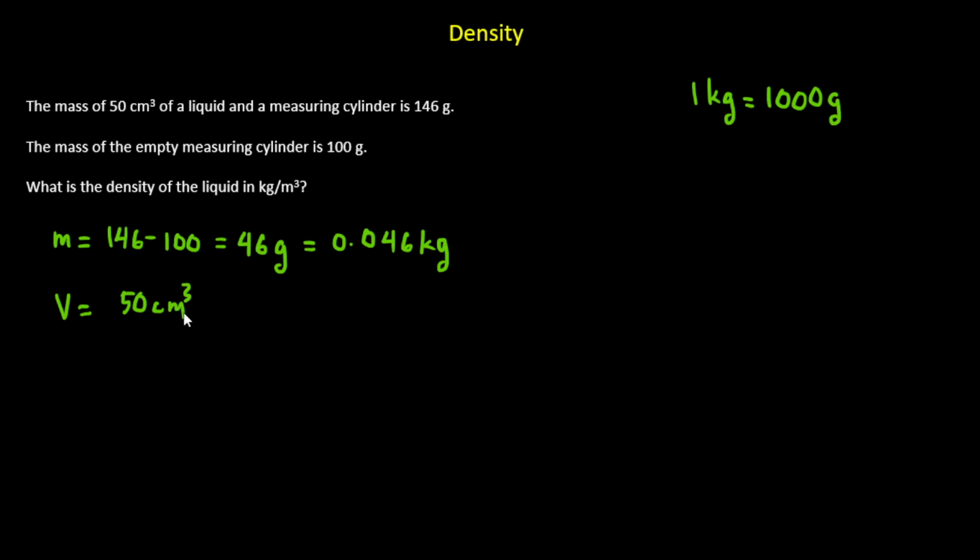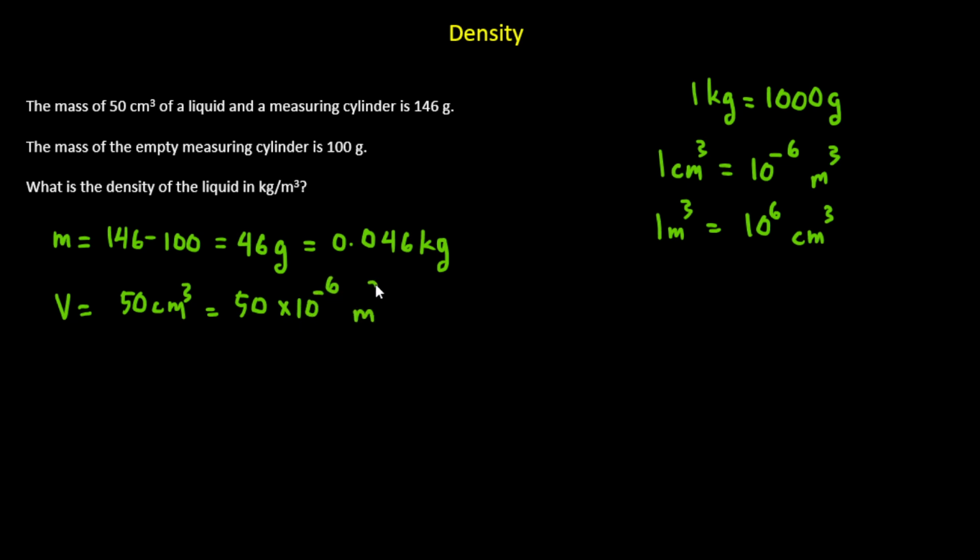And 50 centimeter cubed: this one is slightly harder to remember, but 1 centimeter cubed is equal to 10 to the power minus 6 meter cubed, or you can remember it another way, which is 1 meter cubed is equal to 10 to the power 6 centimeter cubed. It will be helpful for you to really remember this information. So this will be 50 times 10 to the power minus 6 meters cubed.